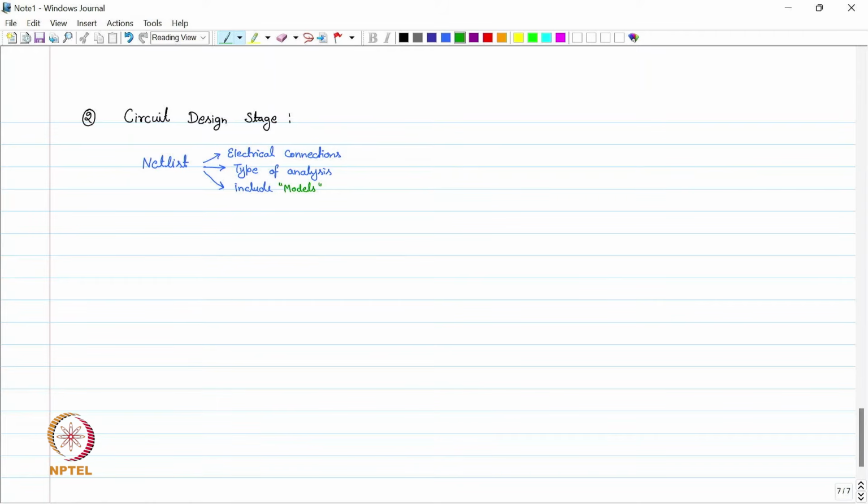This is the model which is coming from the first stage of device design, and using these models we are creating a net list. Now this net list we simulate using the SPICE simulator.